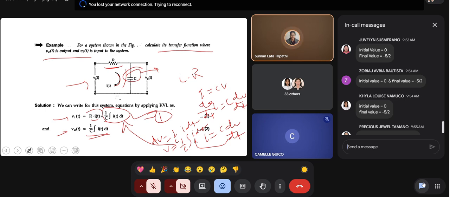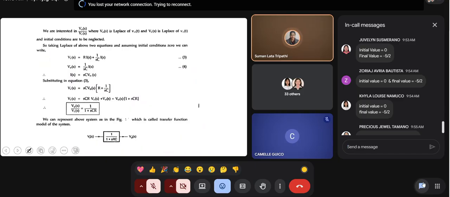So Laplace of vi is nothing but R into I(s), and R is a constant. When you take Laplace of any integral, you will get a function 1 by s of this. So 1 by C is already there, and I will become I(s), and 1 by s will come when you do Laplace of integral.